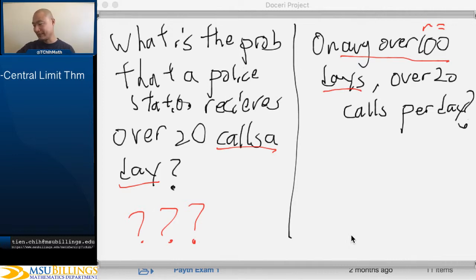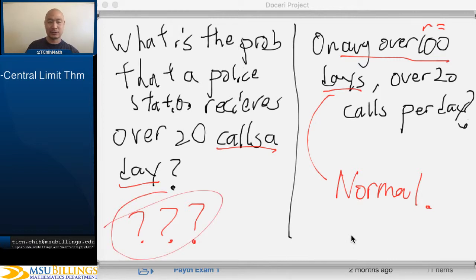But assuming we can make this assumption, then at n equals 100 days, this variable is a normal variable. And so all I need to do is get an estimate for the mean and the standard deviation, and I can go ahead and try to do this computation, right? And so the nice thing about that is I never need to know what this question mark is. It's really not important, right? Once I have a sufficiently large n to force things to be normal, that's good enough to make my approximation.